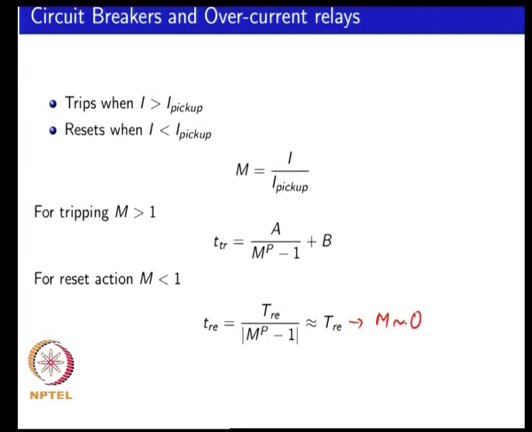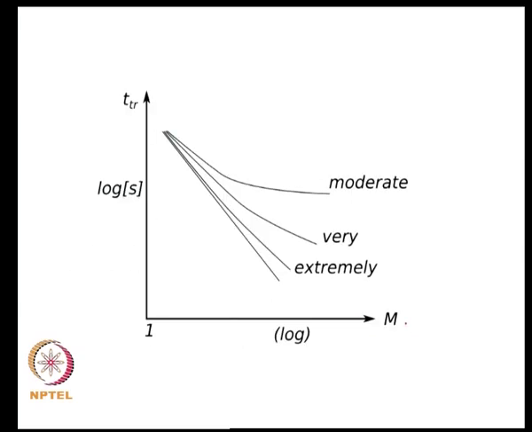So, depending on the value of your A, B, P, etc., you can have different definitions of your inverse current characteristics. So, IEC defines circuit breakers which are moderately inverse, very inverse, extremely inverse, etc., for the time current characteristic.